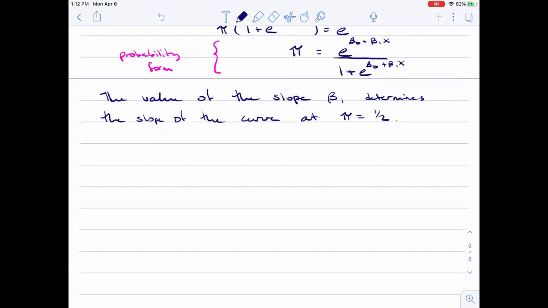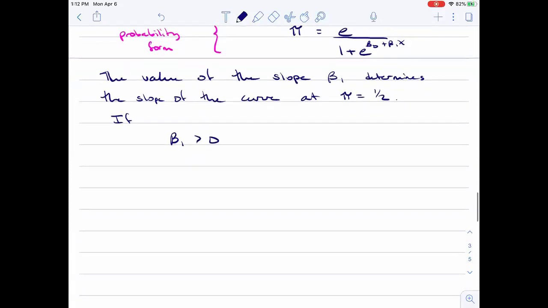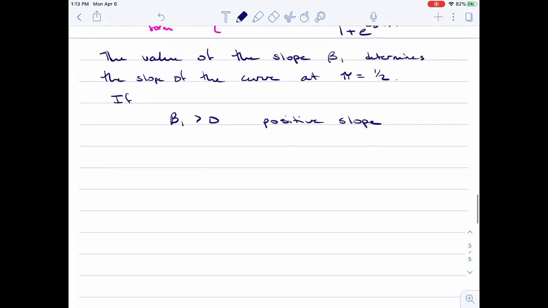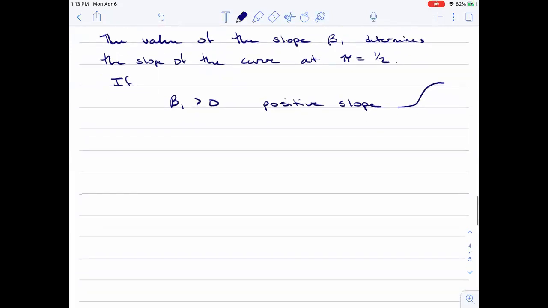For example, if beta 1 is greater than 0, so if it's positive, then we're going to have a positive slope. So then we would have something that looks like this. If beta 1 is less than 0, then you're going to have a negative slope at the halfway point, so it'll look something like this.